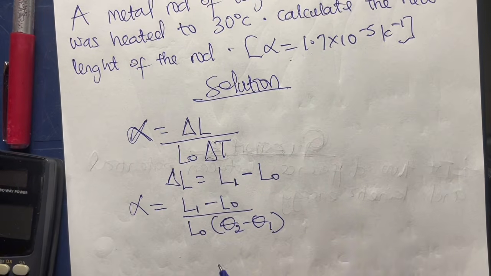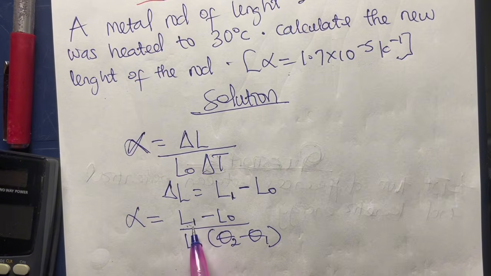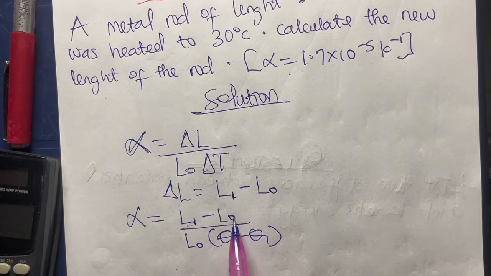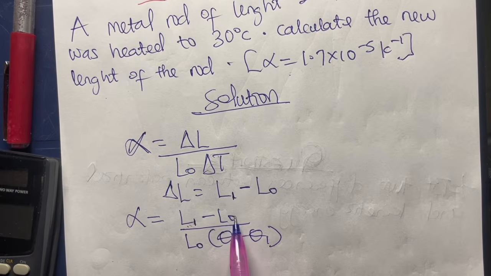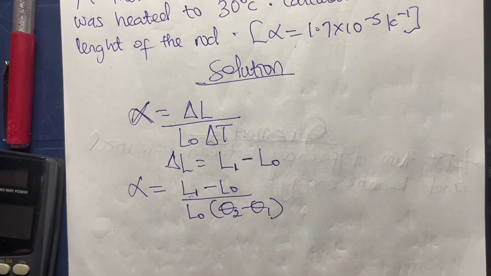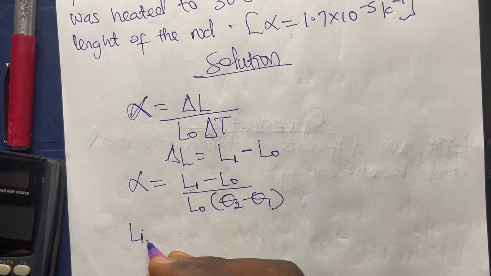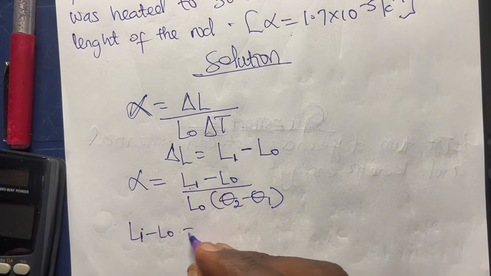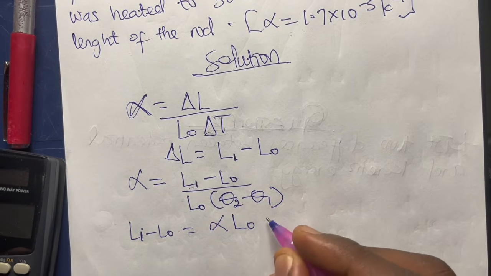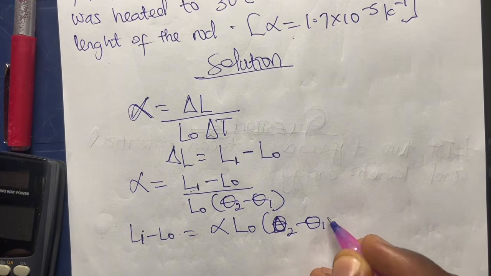From this question we're already given our linear expansivity. We are asked to look for the new length, which is L1, that's our final length. This L0 is the original length. Making this into a formula, you can just cross multiply: L1 minus L0 equals linear expansivity times L0 times (theta 2 minus theta 1).